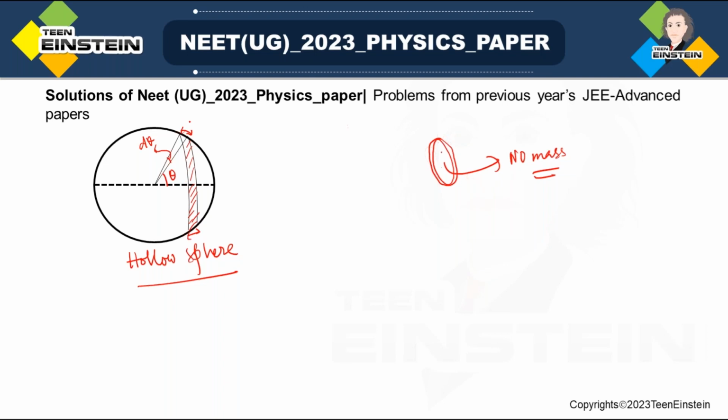And this ring has got a radius. This will be the radius, r sine theta.